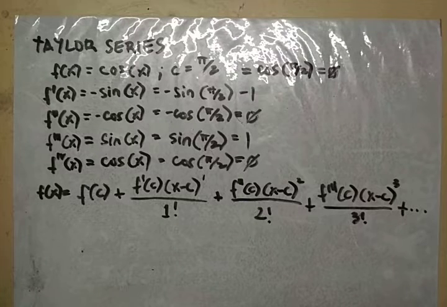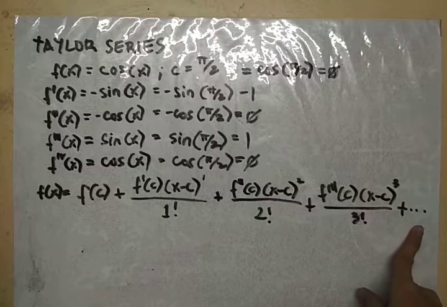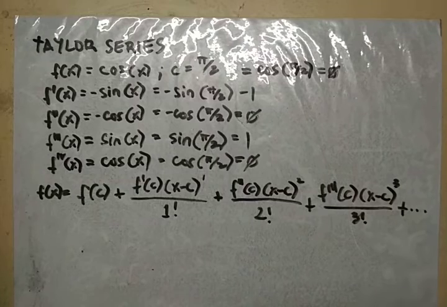We have f of x is equal to f of c plus f prime of c multiplied by x minus c raised to 1 all over 1 factorial, plus f double prime of c multiplied by x minus c squared all over 2 factorial, plus f triple prime of c multiplied by x minus c raised to 3 all over 3 factorial, plus dot dot dot.